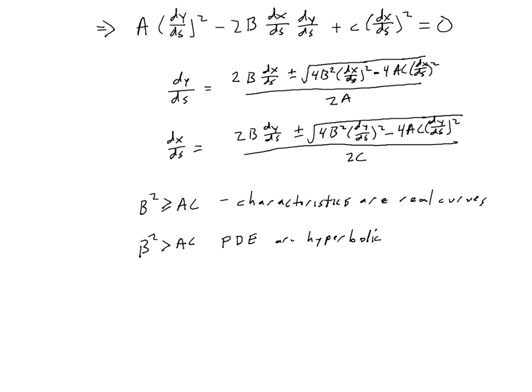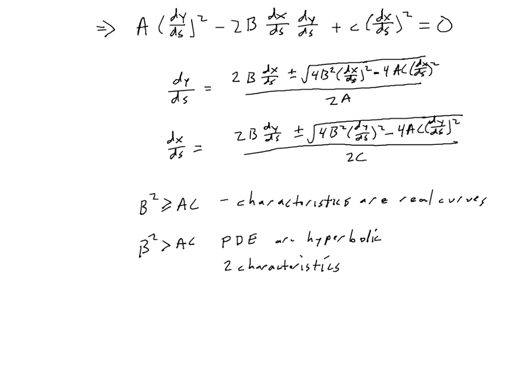And if it's greater than AC, then you have a number here which is real, and there's a plus and a minus, so you end up with two characteristics. So in other words, there's two different solutions that you have to avoid.